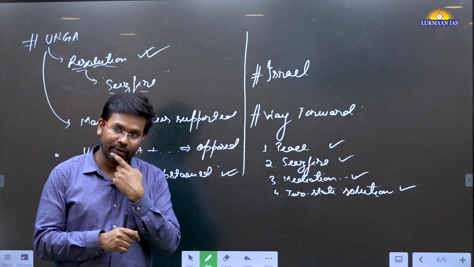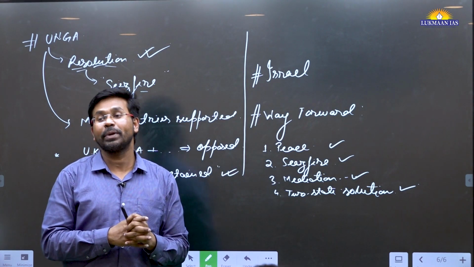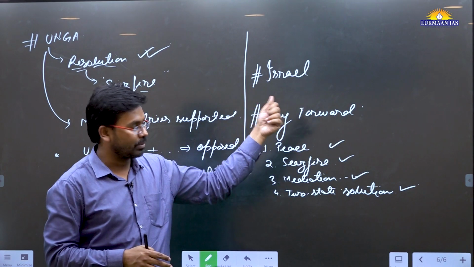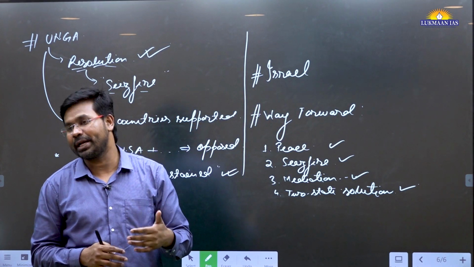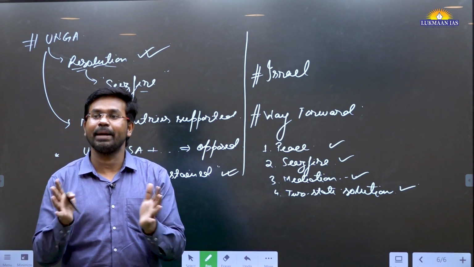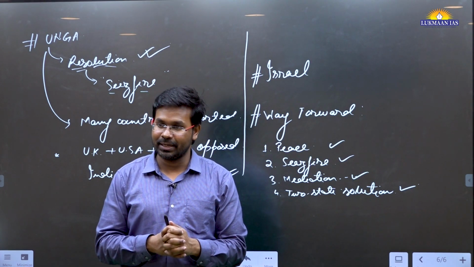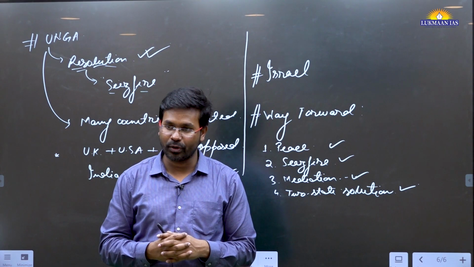But Hamas has now attacked, and since the attack, normalization has taken a back seat. Recently, the leader of Saudi Arabia has also condemned Israel. Initially, they signed the Abraham Accords to normalize ties with Israel, but that process has taken a backseat because of the ongoing conflict.